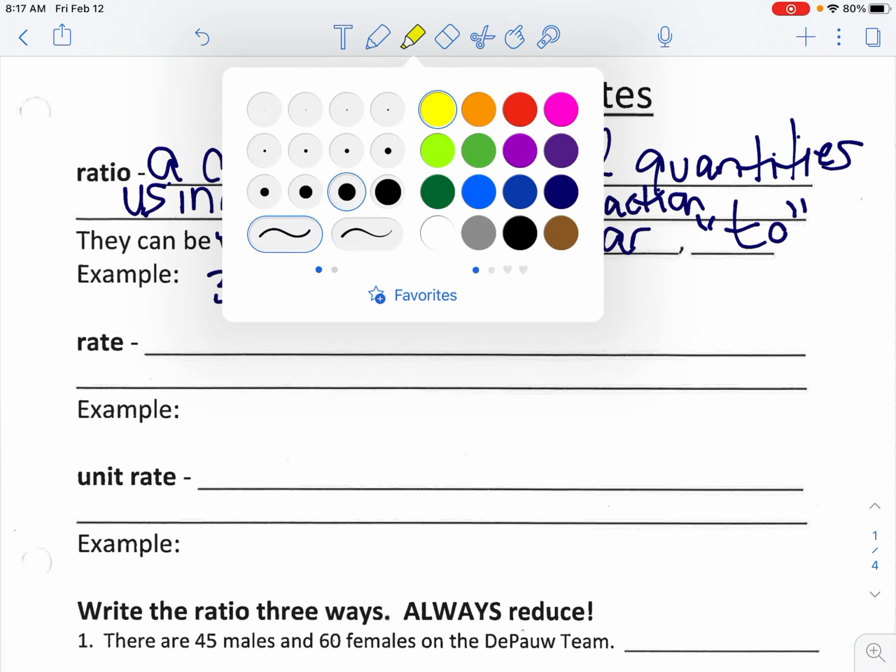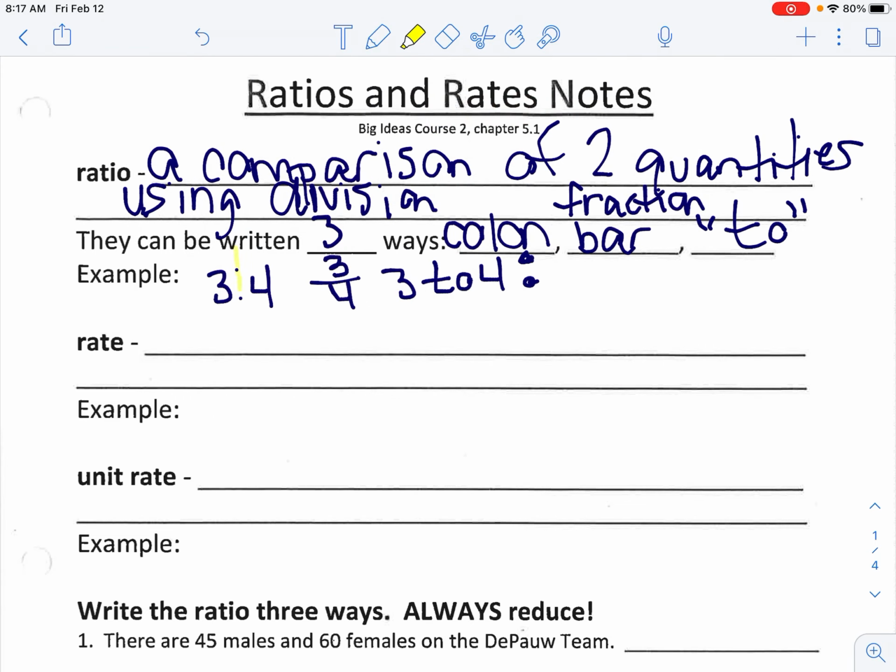So notice that the colon is read as the word "to", the fraction bar is read as the word "to", and clearly the word "to" is read as "to". So all of those ratios are read 3 to 4.